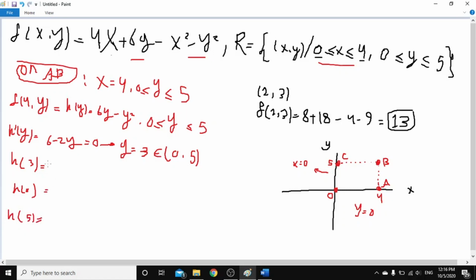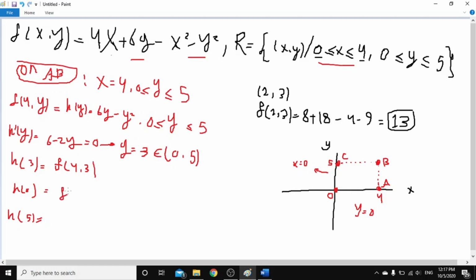The first one here, h of 3, is written as f of 4 comma 3. We took this 4 because here x is going to be equal to 4, and then the 3 here in the y values. So 4 is in each equation.